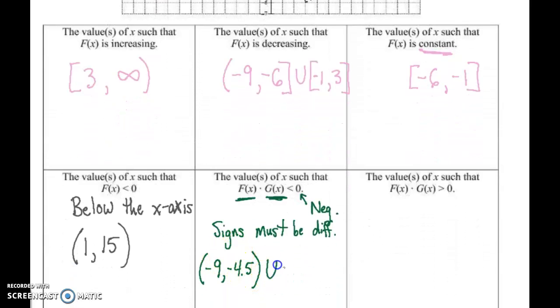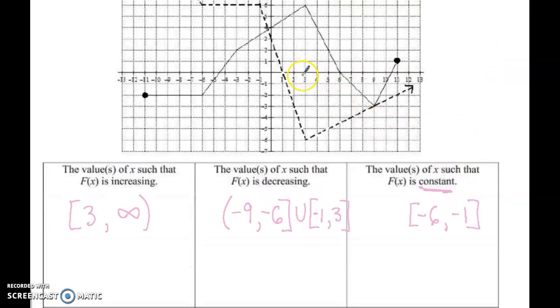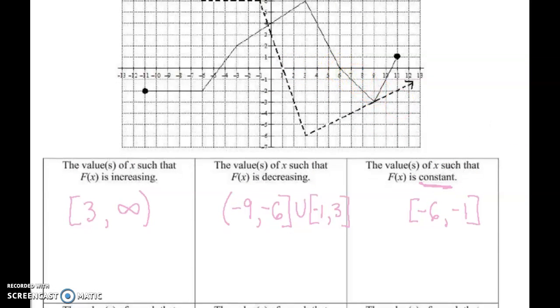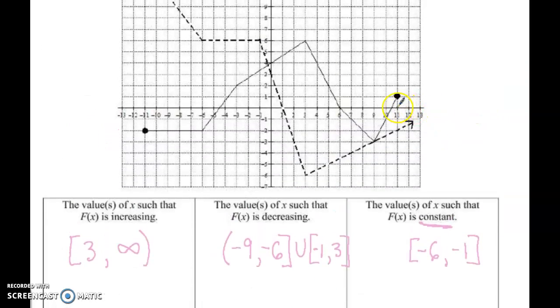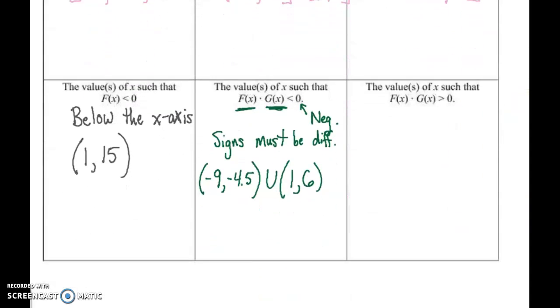So from 1, again, with a parenthesis, it's very important now, until 6, because now they're both below the x-axis once we get to 6. And why does that matter? Well, now it's a negative times a negative, which is positive. But that's not your only other answer, because from 10.5 to 11, kind of ran out of space, one is above and one is below.